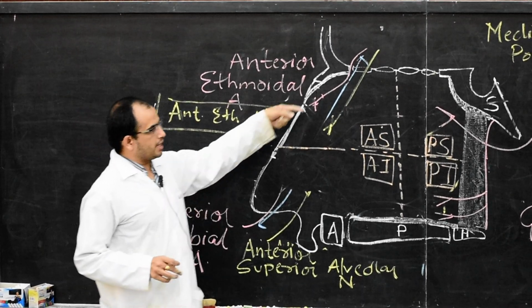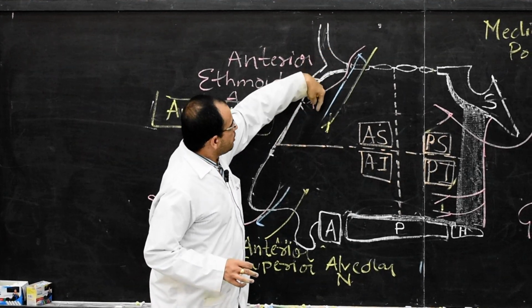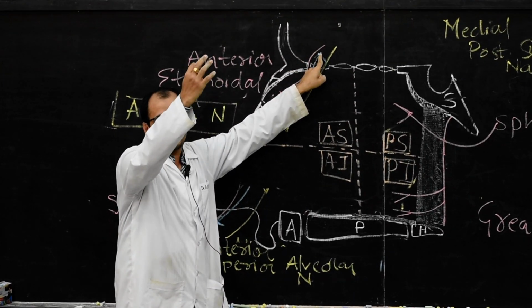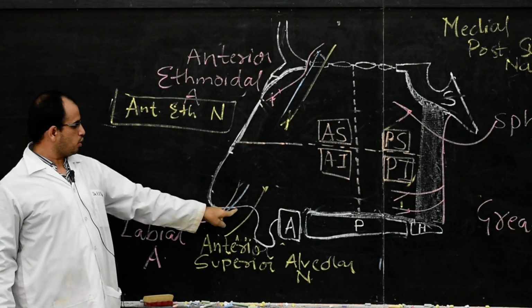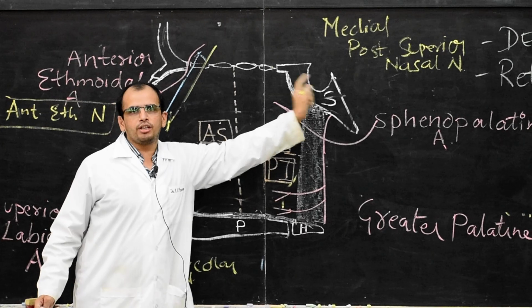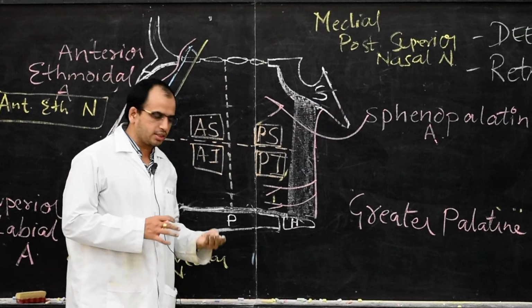Venous drainage is the same as it was in the septum. The one which is accompanying the anterior ethmoidal goes to the superior ophthalmic vein and the cavernous sinus. The anterior one goes to the facial vein, and the posterior half goes to the pterygoid venous plexus. That remains the same.